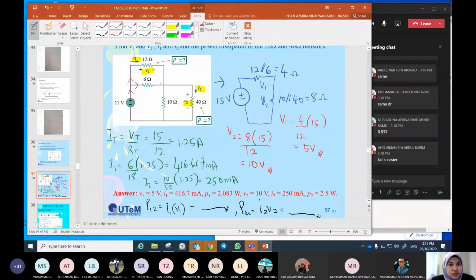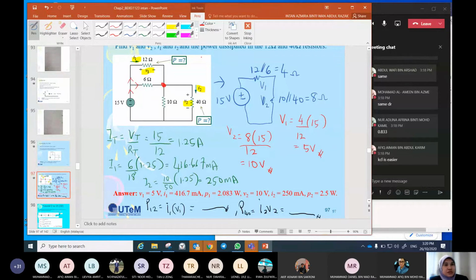Why 1.25? Because the total current divides at this branch, then accumulates again at this point and divides again. So we get 250 milliamps flowing through I2.